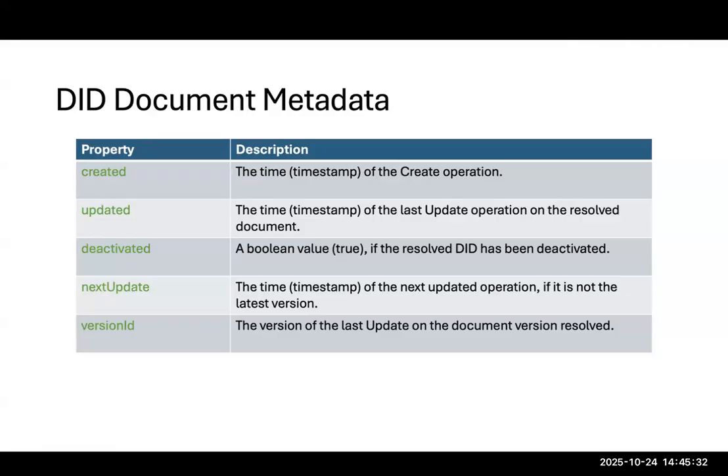Next update, the timestamp of the next update operation, if and only if the resolved DID document is not the last version. This means that the combination between the resolver and the VDR must be clever enough to know exactly all the different updates on the DID document. And the version ID, the version of the last update on the document resolved.